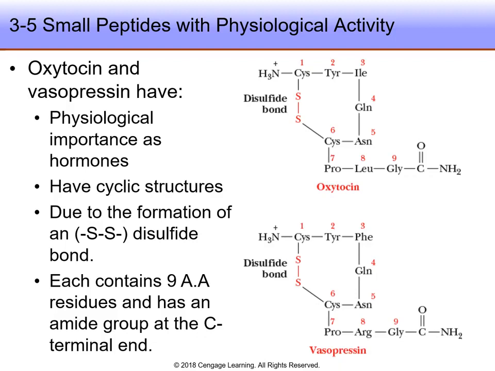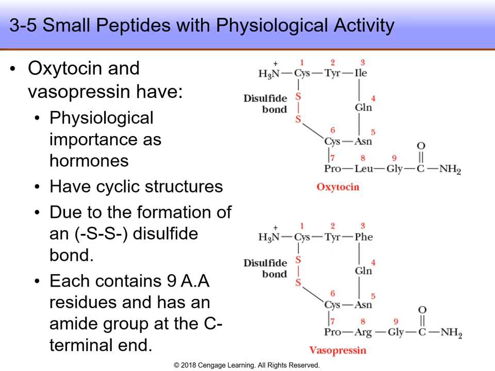So we have the N-terminal, but at the C-terminal end we have an amino group, not a carboxyl group, as there usually is. And each has a disulfide link between cysteine residue positions 1 and 6.